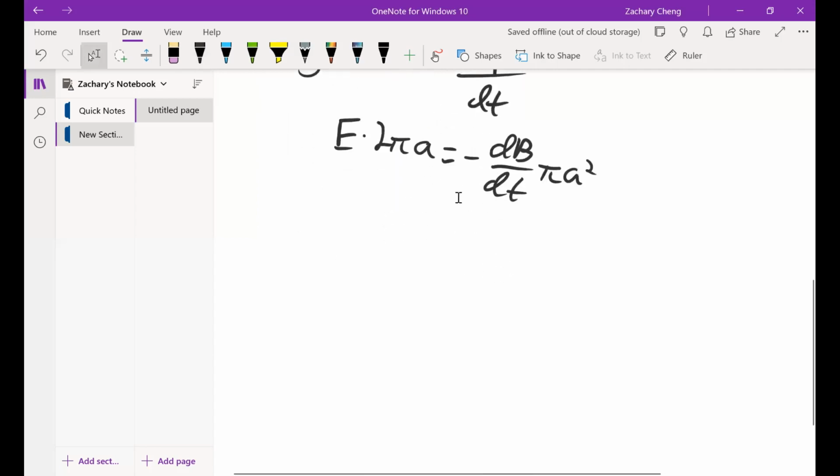So then the electric field E is equal to, this cancels, negative a over 2 times dB over dt.